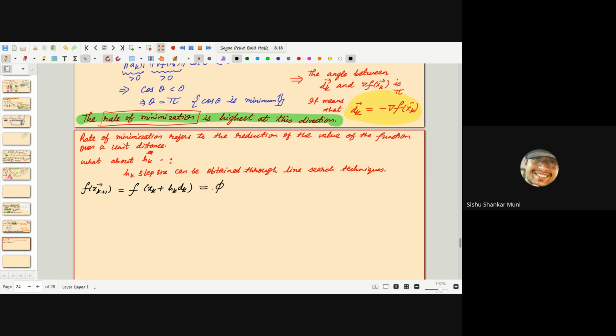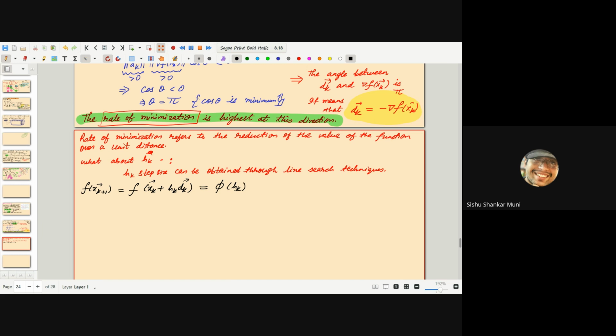Now that we have our xk and now that we have our descent direction dk, technically it is only a function of h. So we can write it as a function of hk. Don't you think? Why? Because we already determined the dk. Because that dk is equal to minus of gradient. So we don't have to treat it as a function anymore.